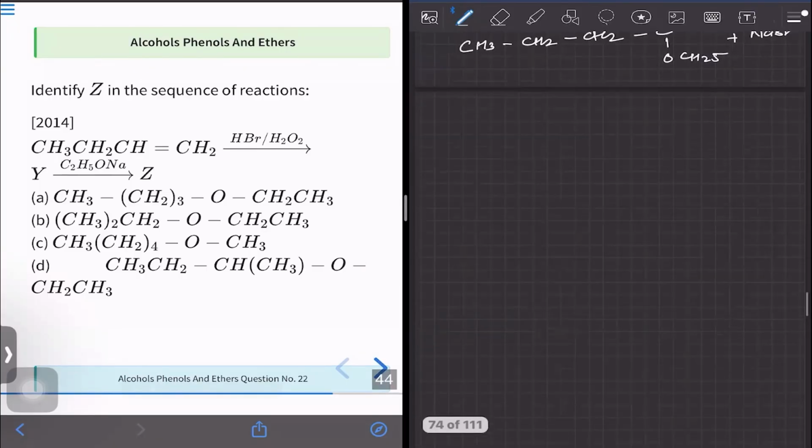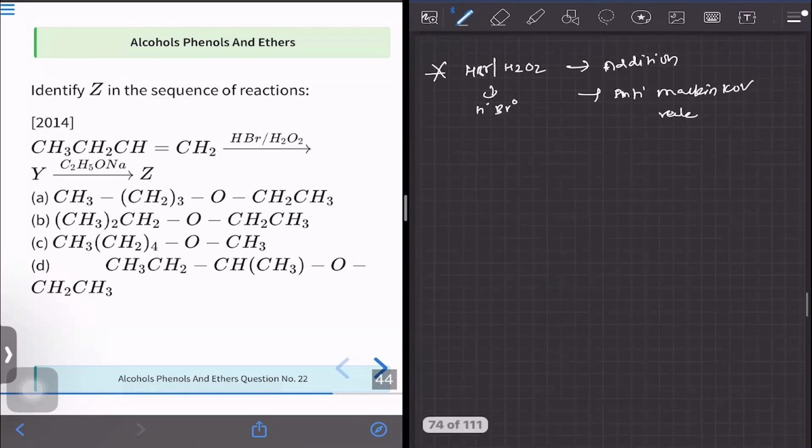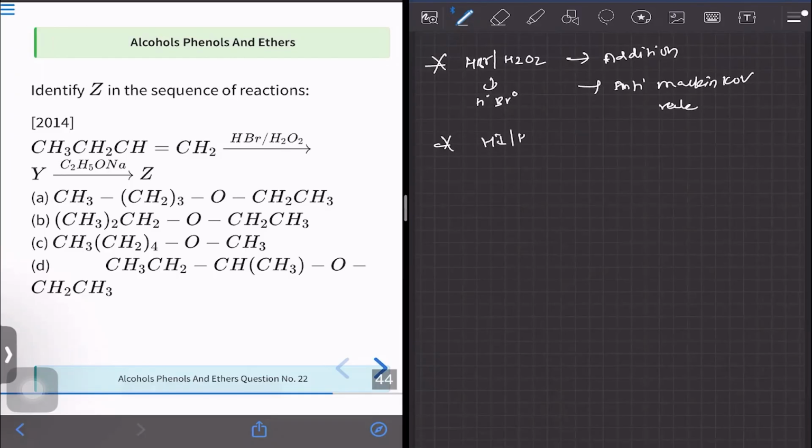What are the key concepts in this? HBr in the presence of peroxide undergoes addition reaction, and it produces free radicals, so the addition will be according to anti-Markovnikov rule. HI or HCl in the presence of H2O2 does not produce free radicals, so it will be according to Markovnikov rule.